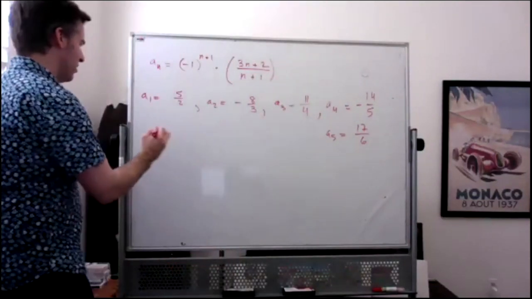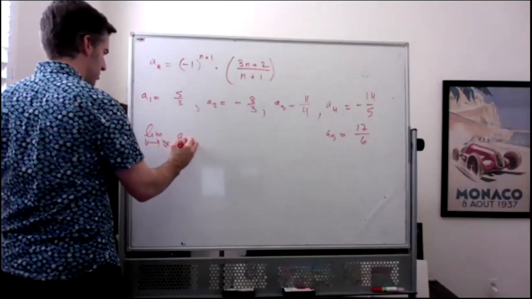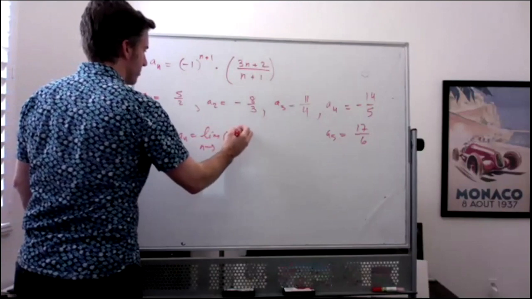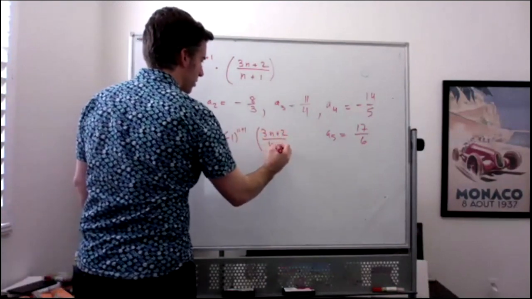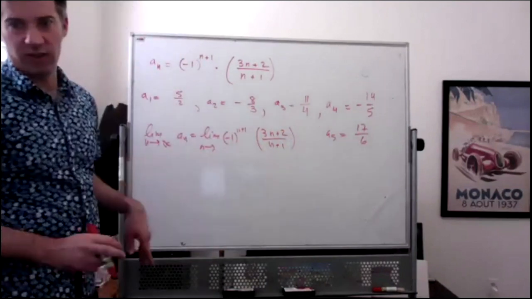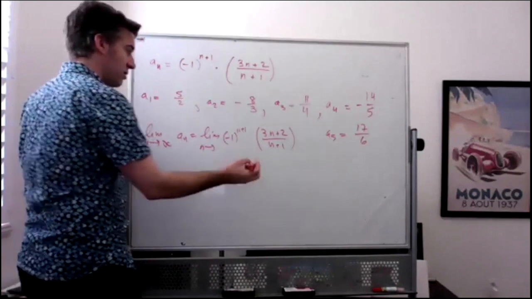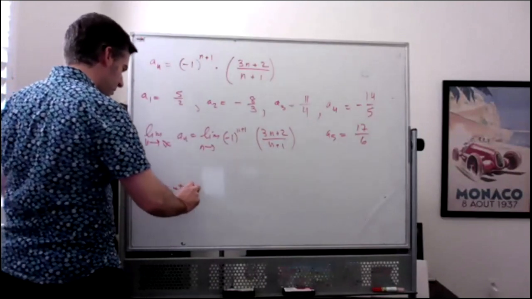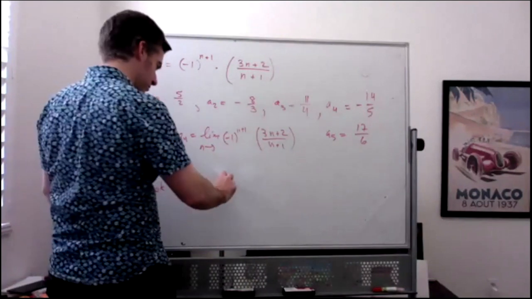So what's the limit of this? Well, that's a good question. So I'm going to ignore this part for just a second. Look at instead the non-alternating part, the non-oscillating part.